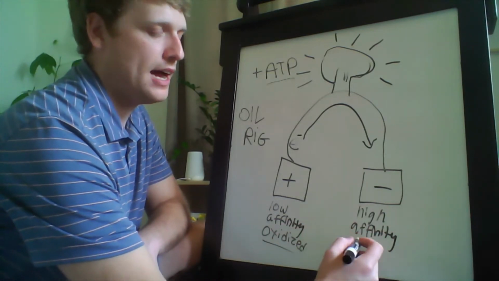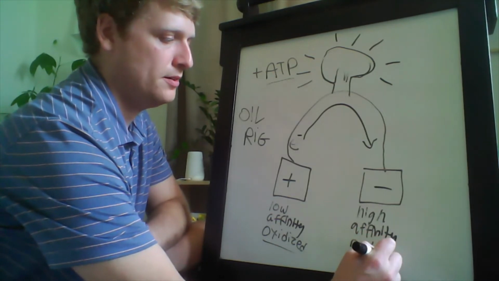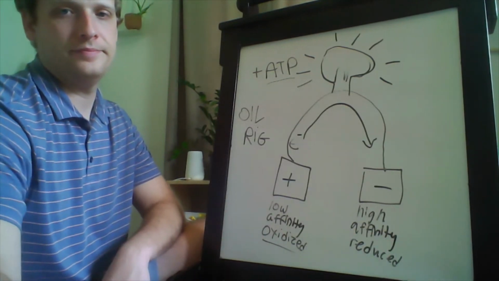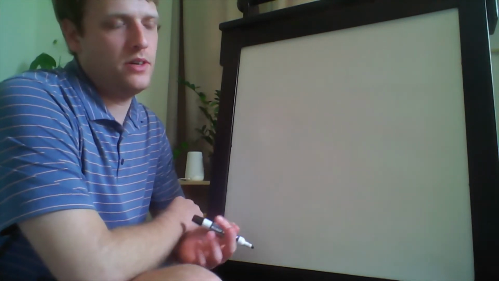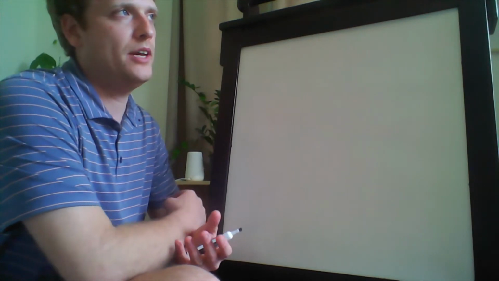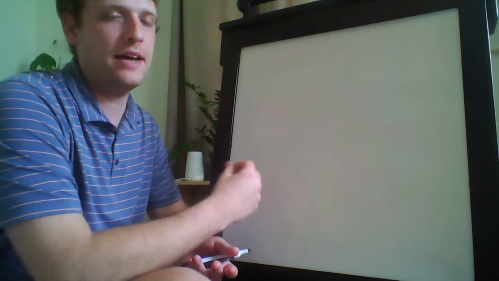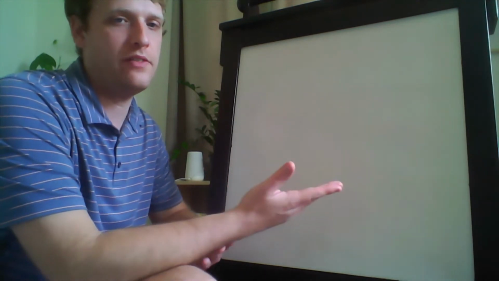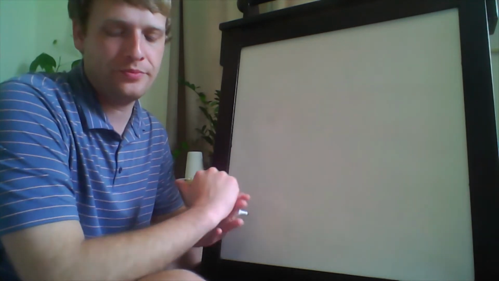The substance that's high affinity is going to be the one that is reduced. The importance of those oxidation reduction reactions is that they're used to carry electrons and move electrons, and as those electrons move, they can give off energy that can again be used to generate ATP.